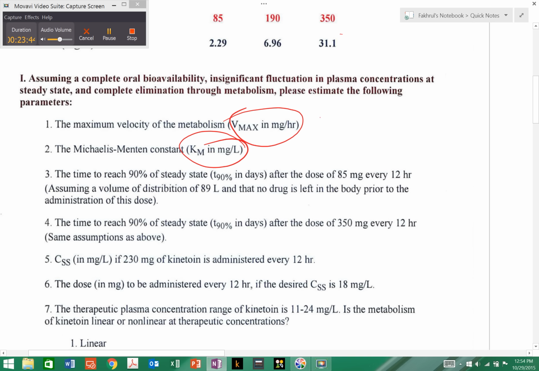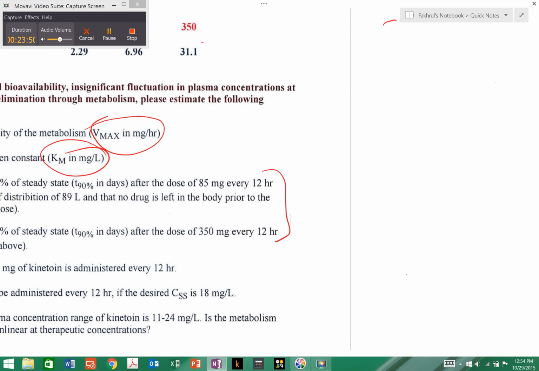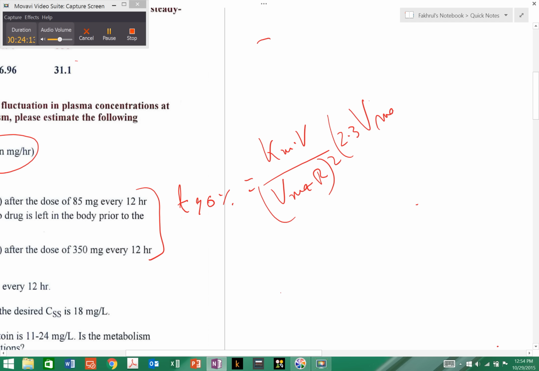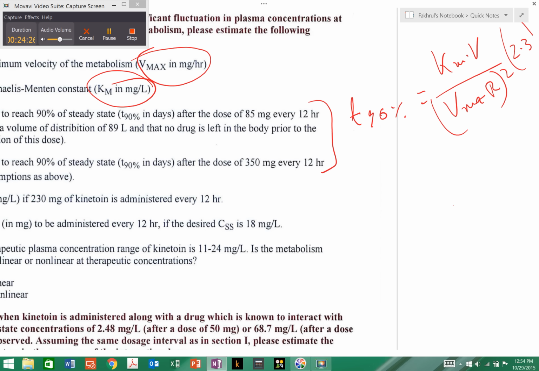And for this one, to use this equation, which I messed up in my notes, T90% is equal to Km times Vmax minus R whole square, then 2.3 Vmax minus 0.9 R. This is your T90%.